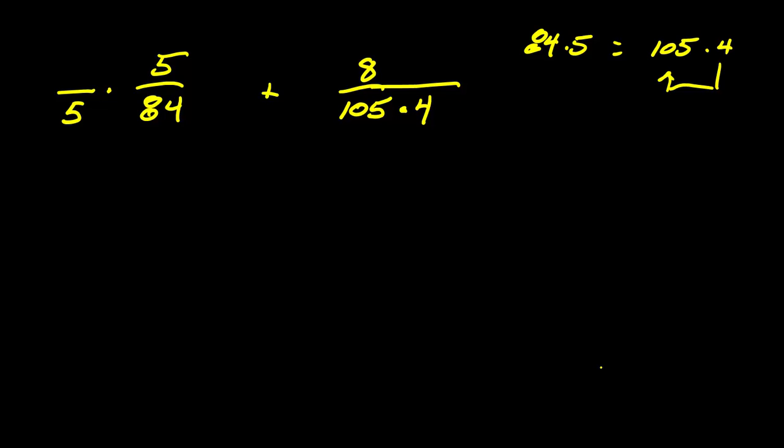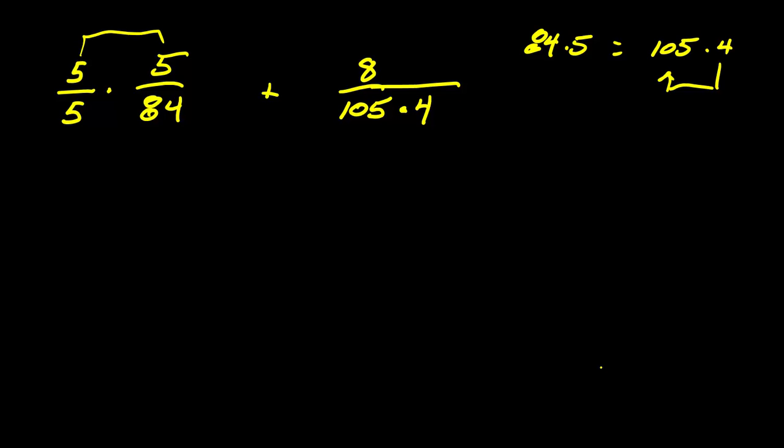But I'm not quite finished yet. If I just multiply the denominators, it changes the value of these fractions. We don't want to do that. But if we multiply each of those fractions by 1, nothing changes except the way it looks. So if I multiply the denominator by 5, I have to multiply the numerator by 5 also.